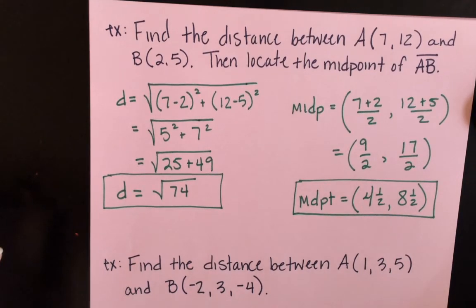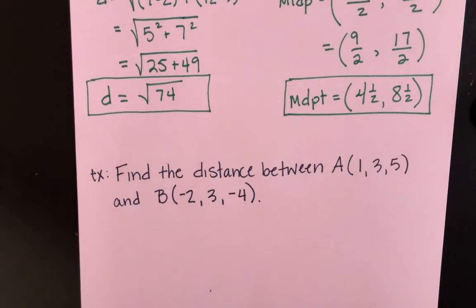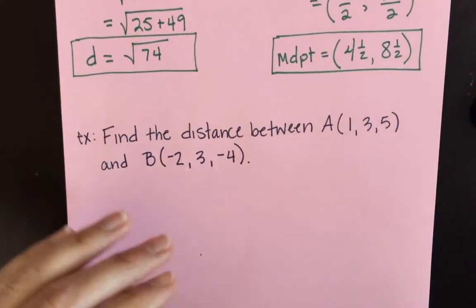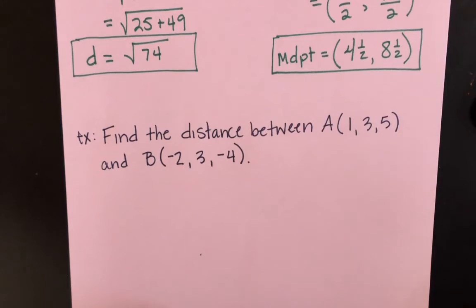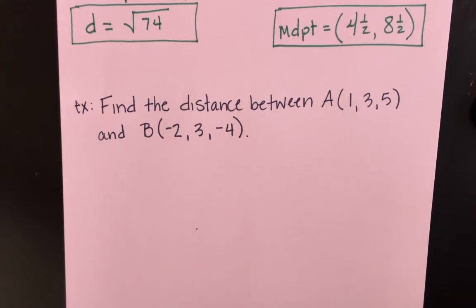So just in case we have a situation where we're going to have negatives, I also involved the negatives here. So we're going to find the distance between point A, which is 1, 3, and 5, and point B, -2, 3, and -4.